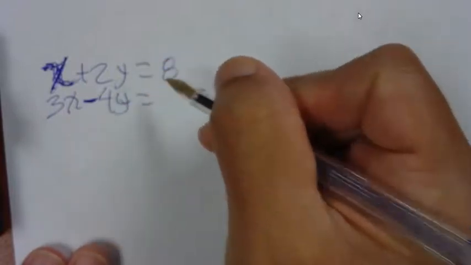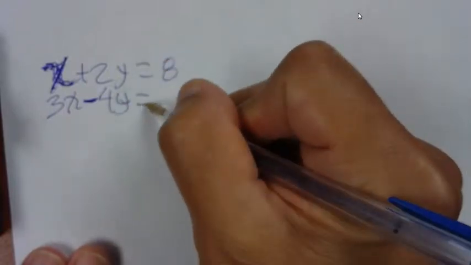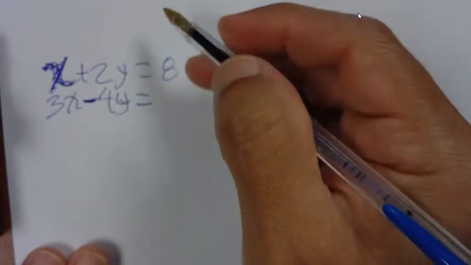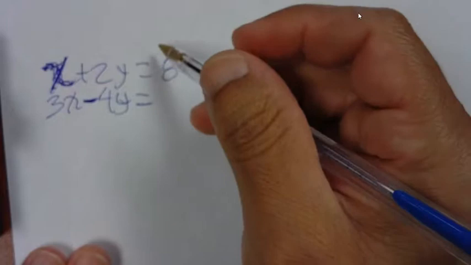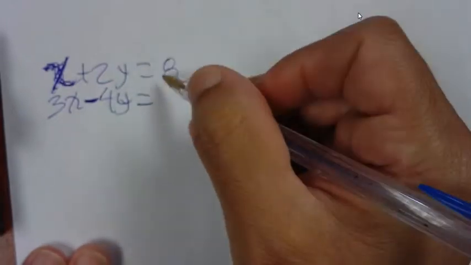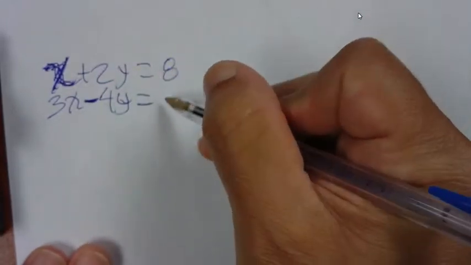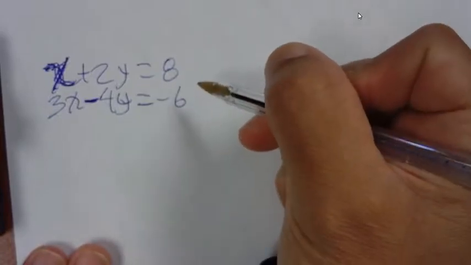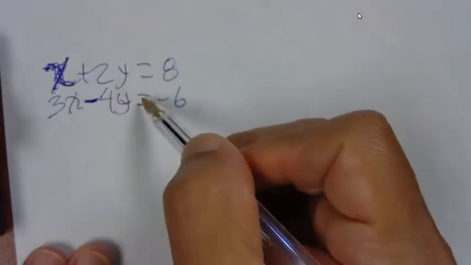This is just my example trying to show you the transition from solving one variable to solving two variables at a time. All right, and that's nearly 6. All right, so now I have my own system of equations here.